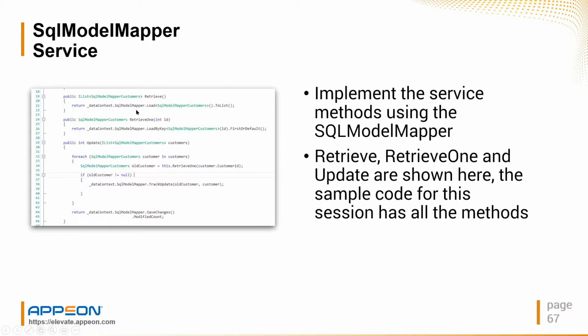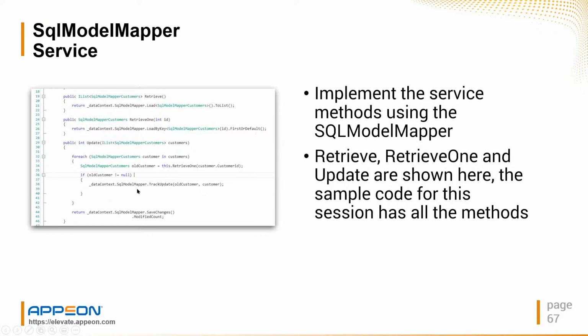It's not terribly complex. You're going to just say, take your data context. The SQL model mapper is an attribute, actually, of the data context now. And you say .Load, and you pass in the POCO object, and then you just say ToList. For retrieving one, you say LoadByKey, pass in the POCO object, and give the ID value that you're trying to find, and use FirstOrDefault.